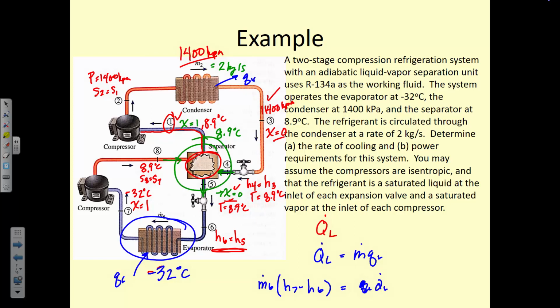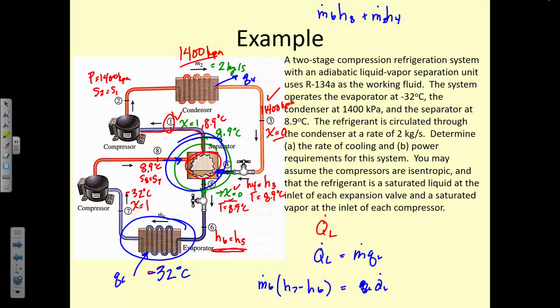Separator. You have to do an energy balance on the separator. That's where mass flow rate 2, which is given, intermingles with mass flow rate 6. So we do the energy balance on the separator. We have M6 times H8 plus M2 times H4. That's what's coming into the separator, H8 and H4.